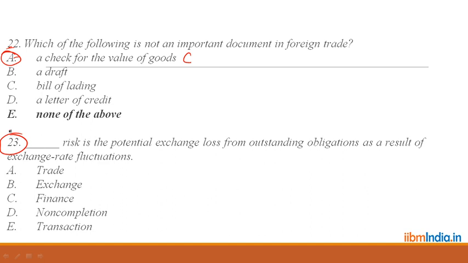In the last to last lecture, I told you about the currency rate, currency appreciation, currency depreciation. There will be a transaction risk. Transaction risk is the potential exchange losses, because whatever the transaction we are making, due to the exchange rate fluctuations, it might have certain risk. Question number 23, E is the correct answer.